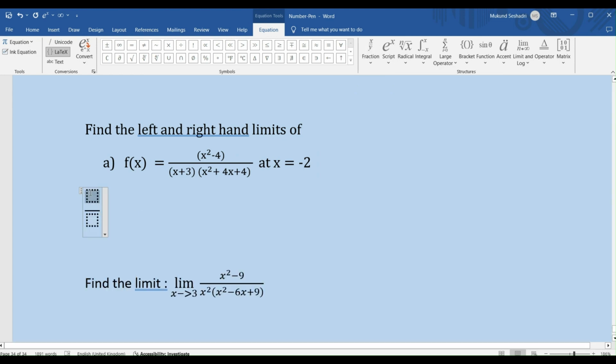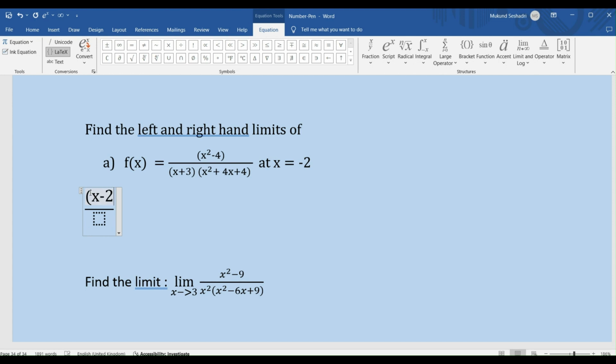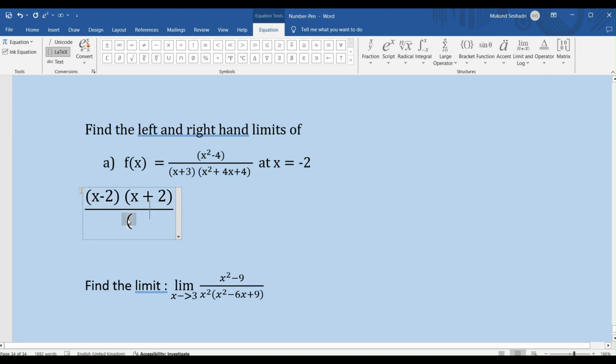So x square minus 4 is nothing but x square minus 2 square, right? So this can further be written as x minus 2 into x plus 2. And you have x plus 3 in the denominator, which we will write as it is.